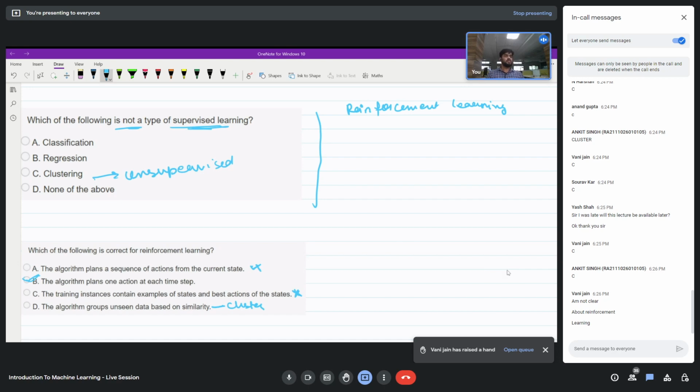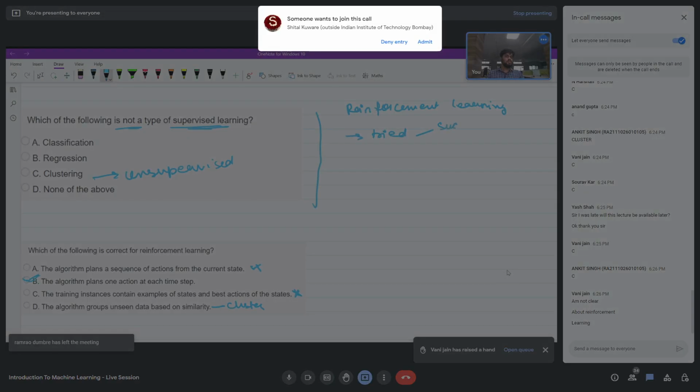Nobody taught you what is gravity, how much force is required, but you figured it out on your own. How did you do that? You tried something, and based on that, either you succeeded or you failed. Sometimes you were able to stand, sometimes you were not able to stand.